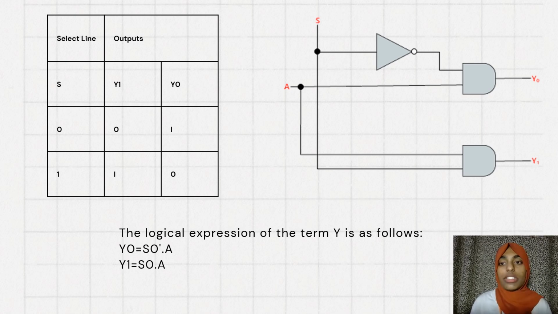These are the truth table and logical diagram of the 1 to 2 demux. From this logical diagram, we write the logical expressions: y0 equals s0 bar into a, and y1 equals s0 into a. Based on the truth table, we can construct the logical diagram, and from the logical diagram, we can write the logical expressions as follows.